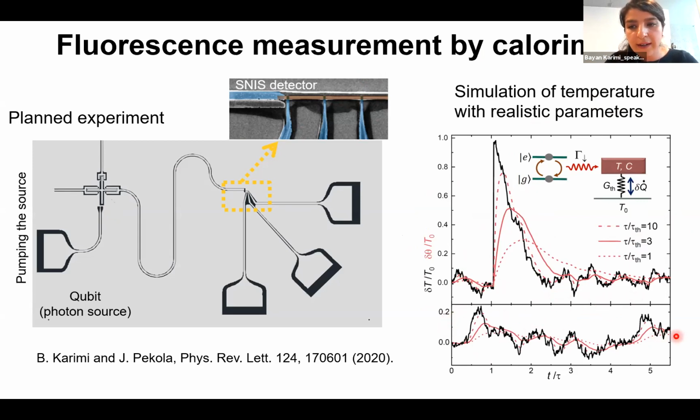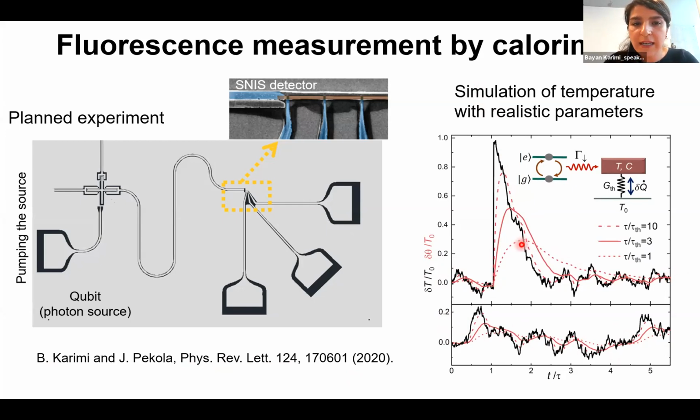Here, when there is no jump, this is based on the real parameters that we introduced, showing how we can see such things. When there is no jump, it means this is the calmest possible phonon bath that we have. If one of those jumps happens, we will see it in our detector, and then it will relax back to the bath temperature.